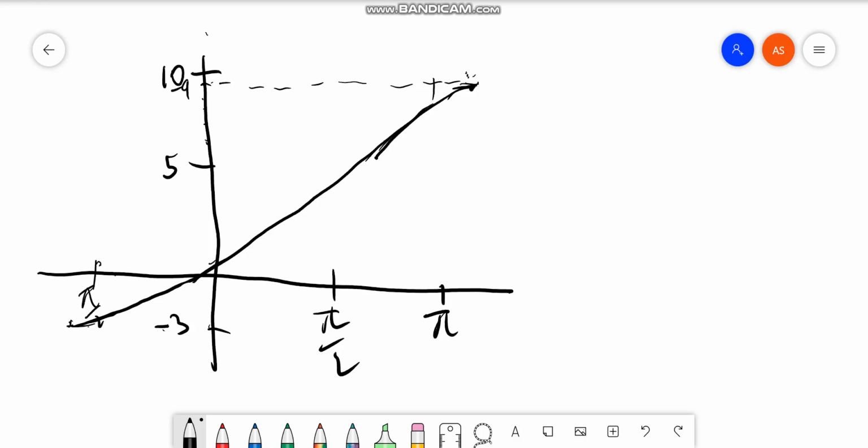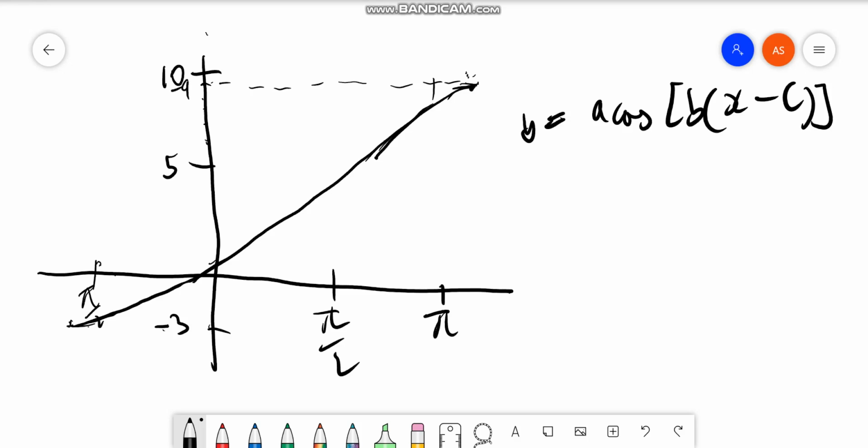Okay, so we have this graph and we want to put it in the form y equals a cos b times x minus c plus d, where a is greater than 0.